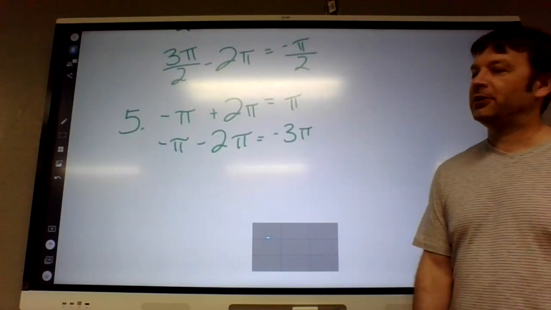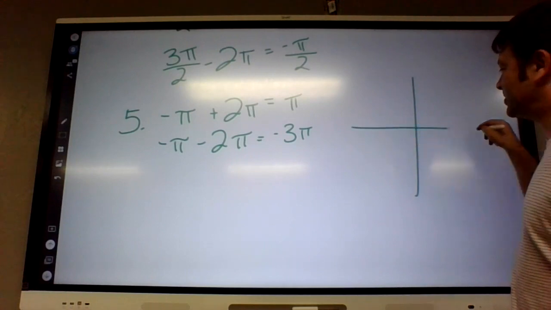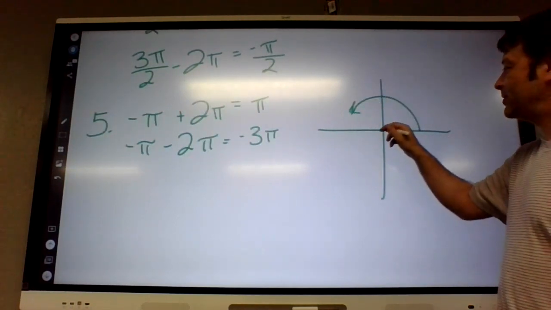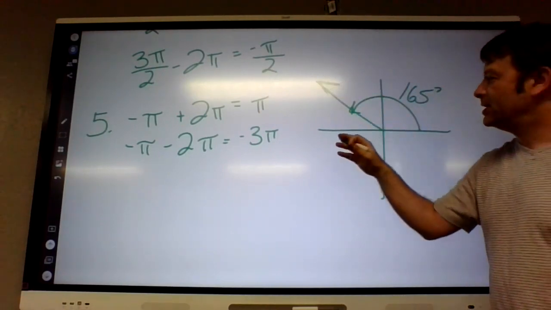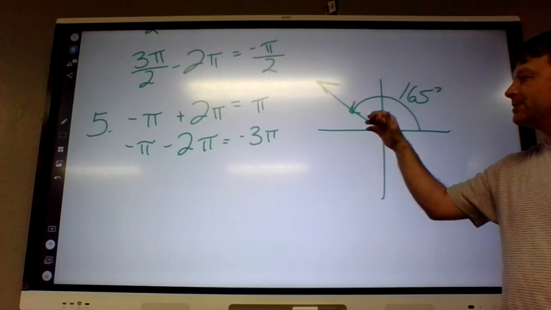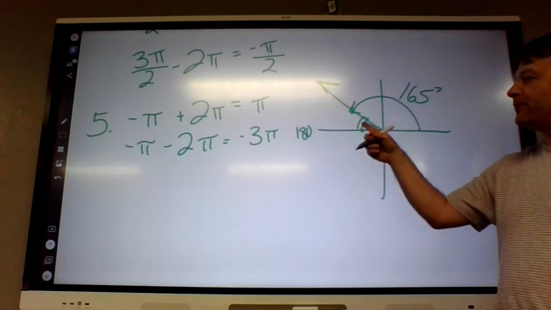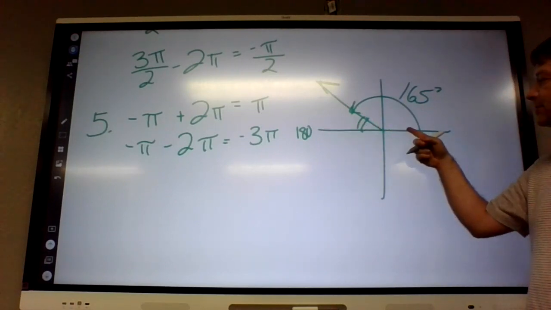Oh, you know what I forgot to talk about? And this might be on the test, but it's not on the worksheet. So we did this quite a bit. Like if you have a 165 degree angle, it looks like that, right? Because it's almost 180. So what's the reference angle? It's like how far is it from the x-axis? So you do 180 minus 165.